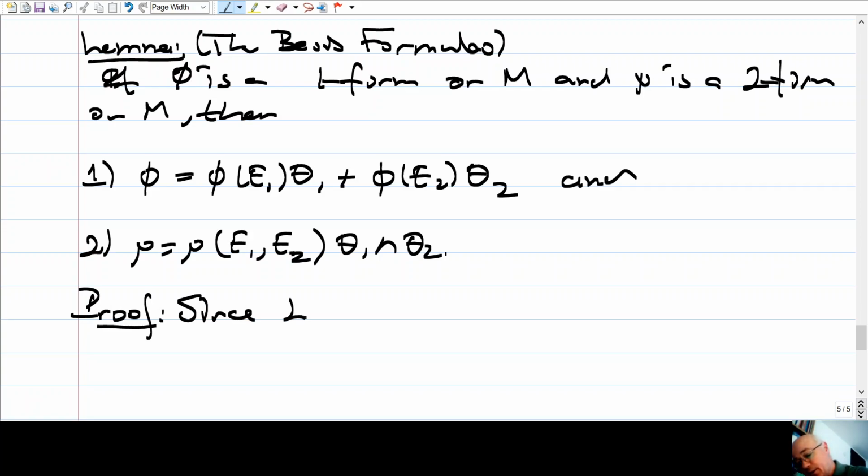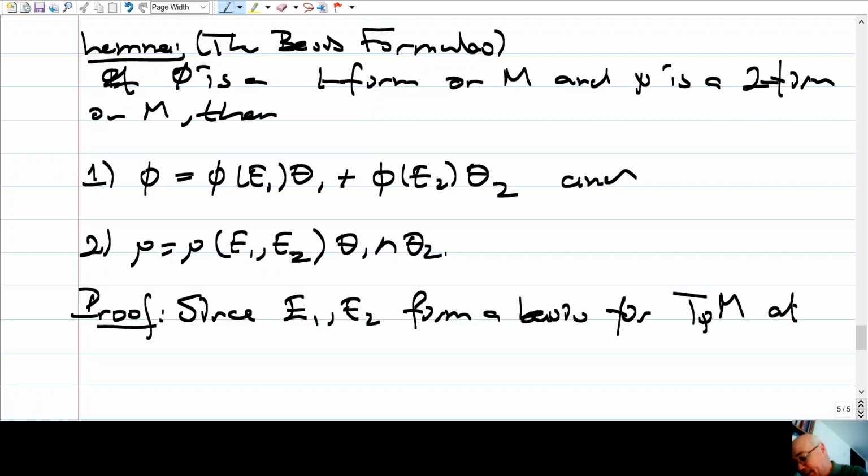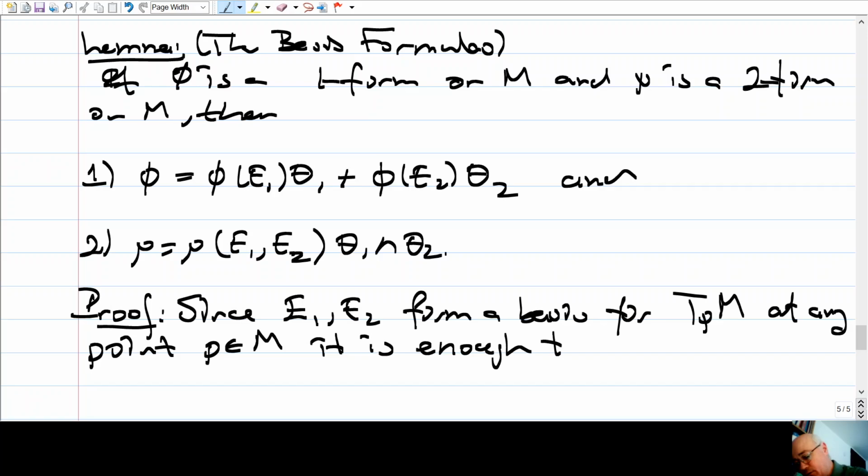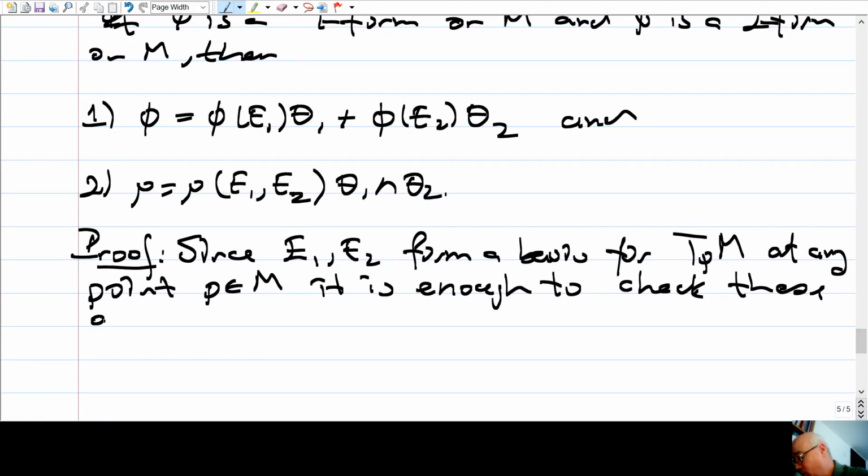Since E1, E2 form a basis for T_P M at any point P of M, it is enough to check these on these vectors.